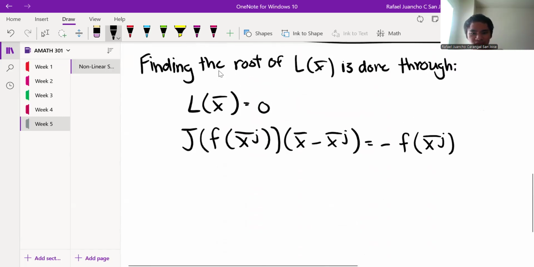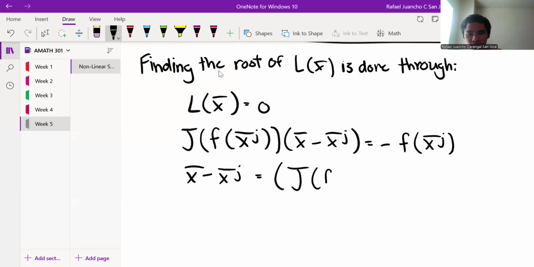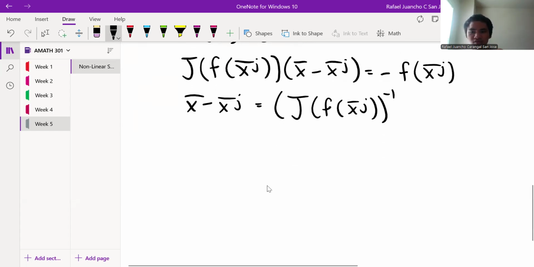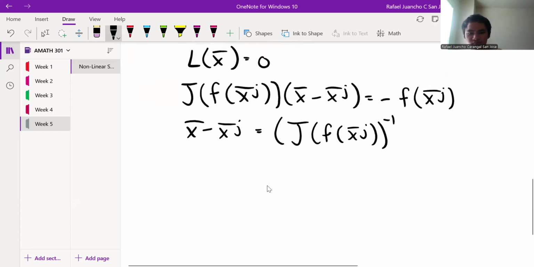And then from there, let's isolate. So here this is just some algebra. This is all the way to the power of -1. I already have the negative here.